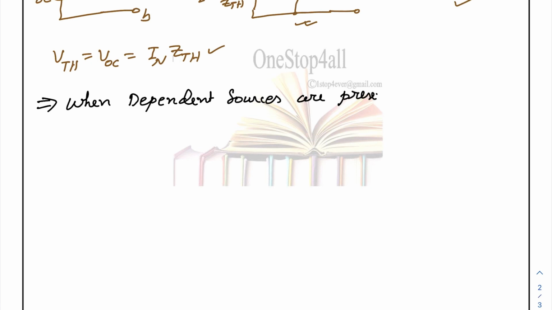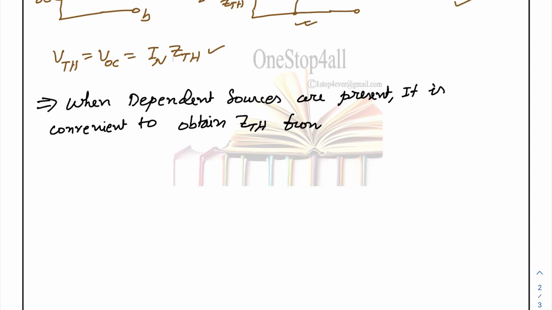Very important. When dependent sources are present, it is convenient to obtain ZTH in case of Thevenin or Norton.